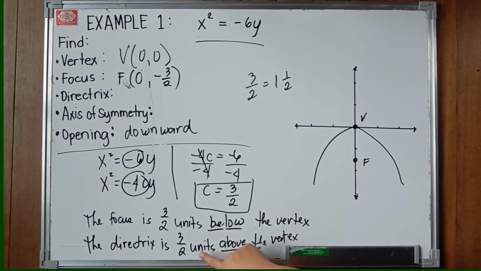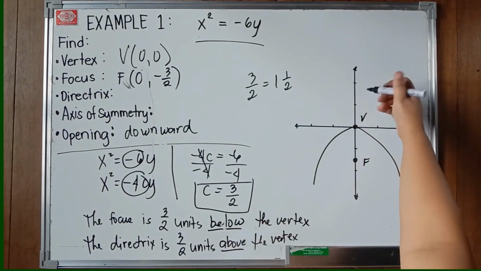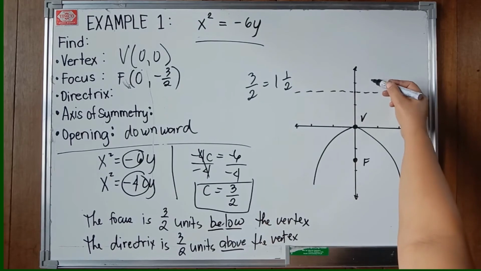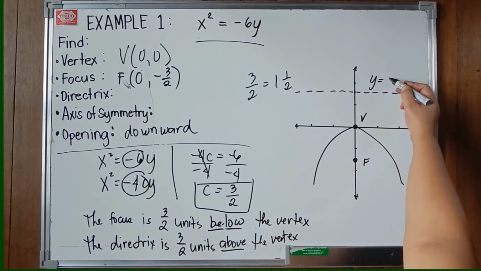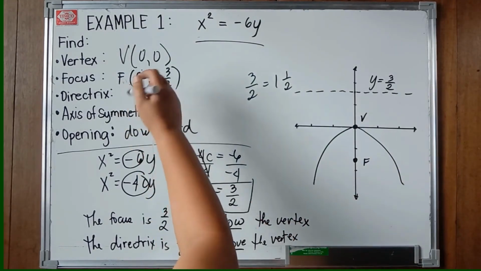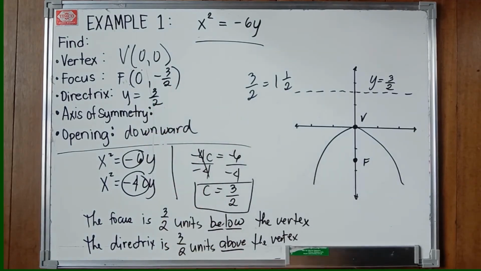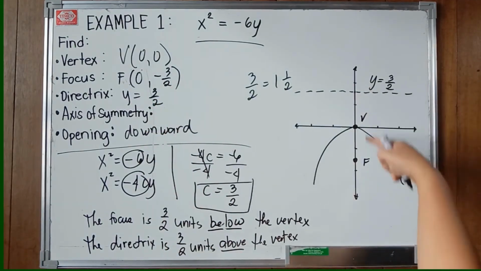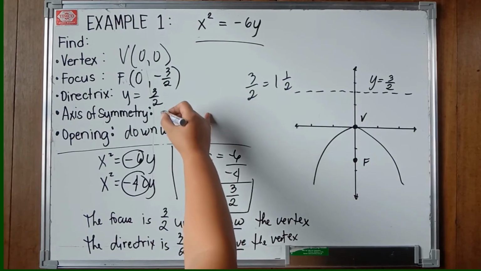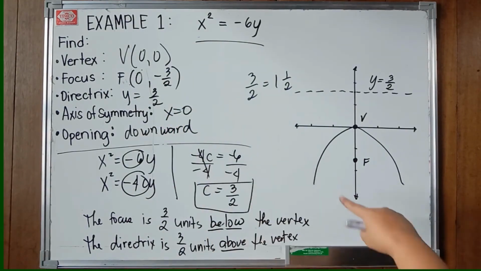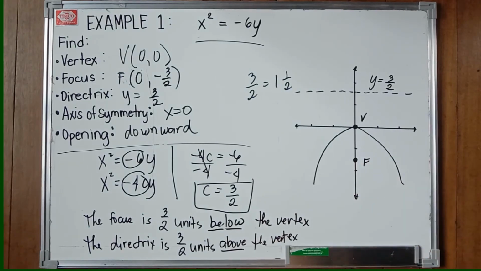For our directrix, it is 3 over 2 or 1.5 units above the vertex, so it is y equal to positive 3 over 2, because it is above the origin. For our axis of symmetry, it is the line that divides our parabola. It is x equal to 0, and our parabola is facing downward.